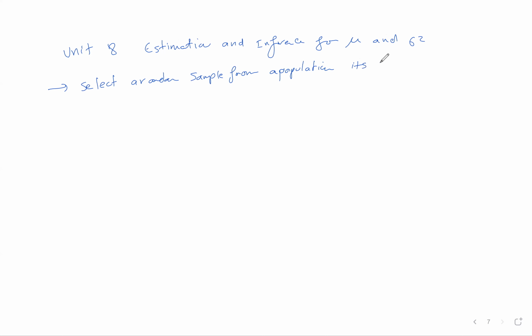Its mean mu is unknown and its variance sigma square is unknown. This sample is y1 up to yn again. So how do I use this sample to do estimation and inference using the frequentist approach and using the Bayesian approach?